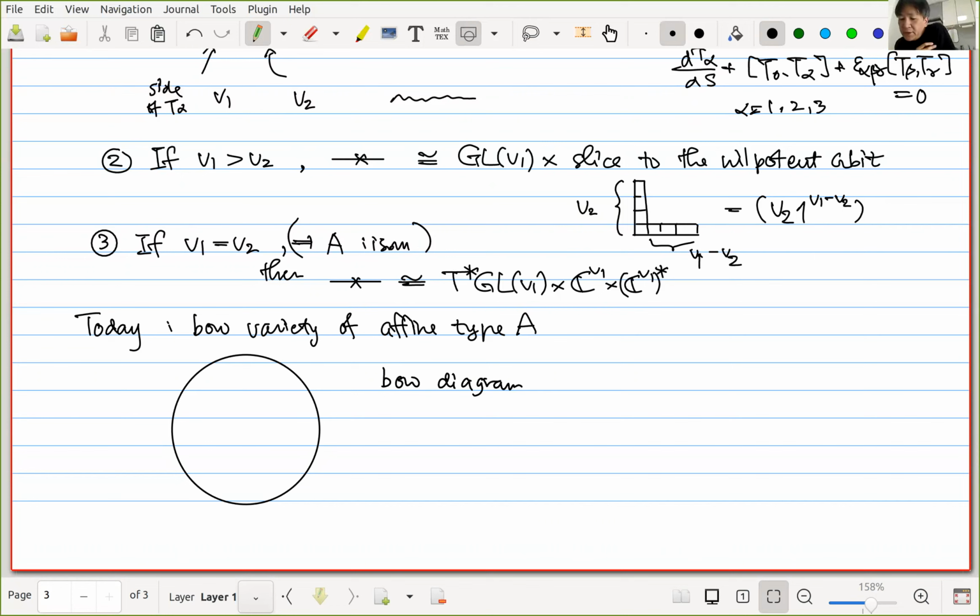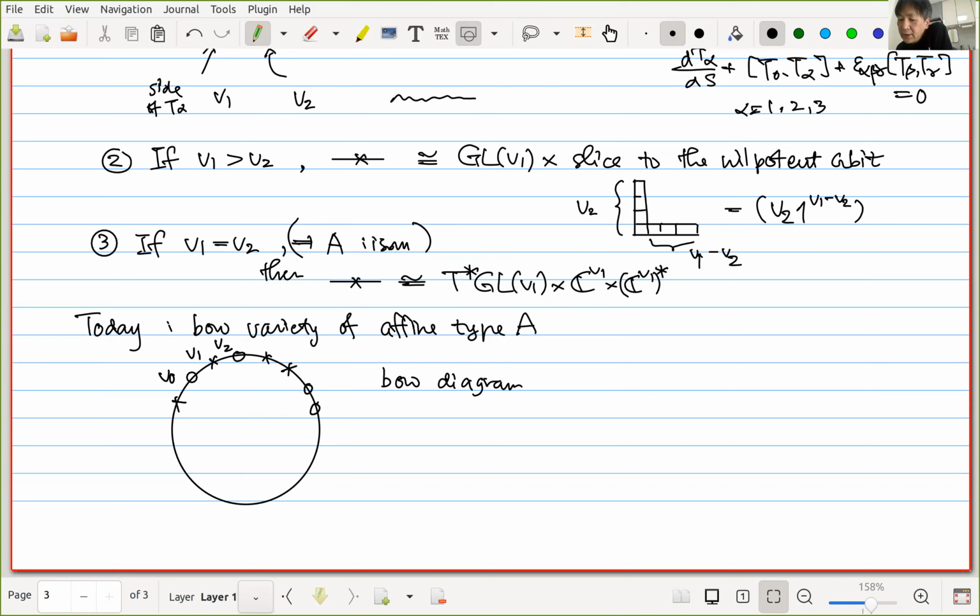There is a big circle, and I put small circles and small crosses on it in arbitrary manner. For each segment, which is separated by either a circle or a cross, I assign non-negative integers like this, P0, P1, P2, and so on.